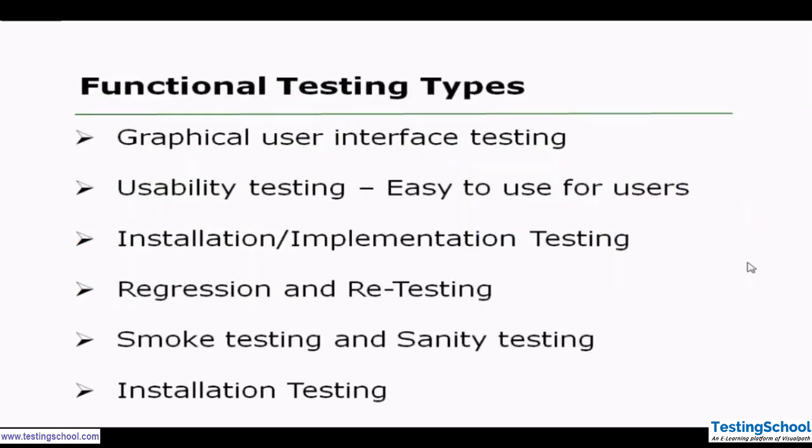In functional testing, let's start with the GUI testing, that is graphical user interface testing. When we are testing the GUI, we generally see if the menus are correctly available, if the buttons, icons, toolbar, menu bar, or dialog boxes, all the interface of the application is displaying correctly on your web page.